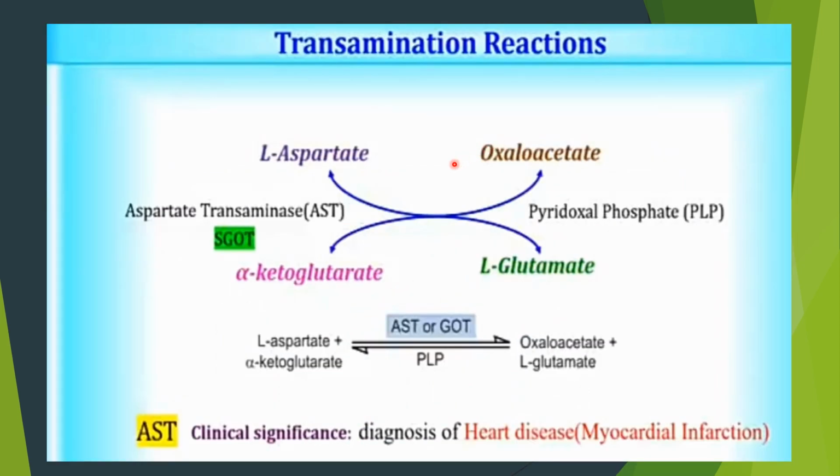There are two important transamination reactions. The first one is catalyzed by aspartate transaminase or AST. In this reaction, the amino group is transferred from L-aspartate to alpha ketoglutarate, leading to the formation of L-glutamate and oxaloacetate.